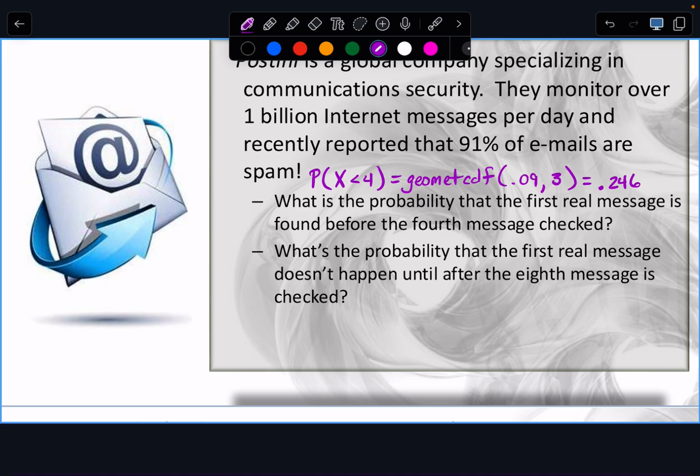And then our last scenario, what's the probability that the first real message doesn't happen until after the 8th message is checked? Now, when we had a situation like this yesterday, we're saying what's the probability that X is greater than 8.